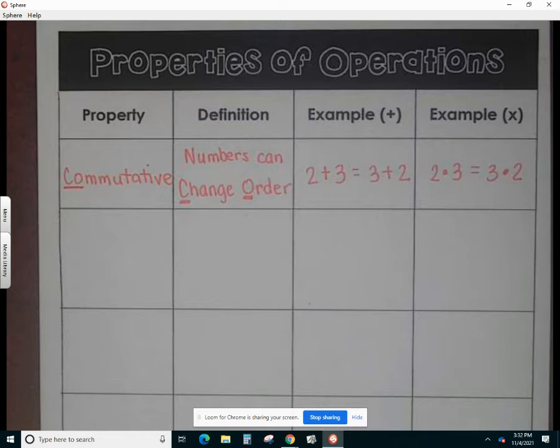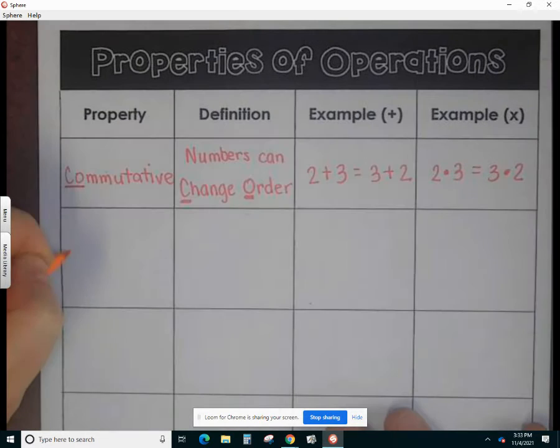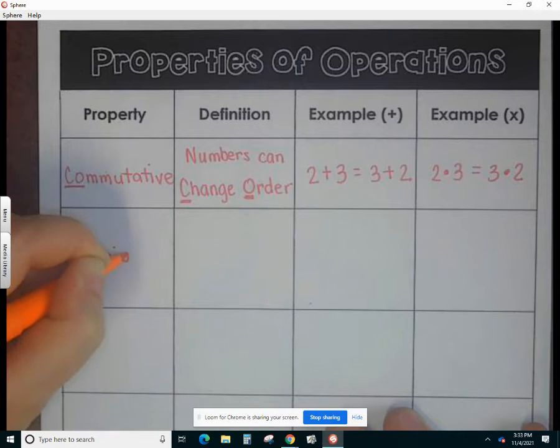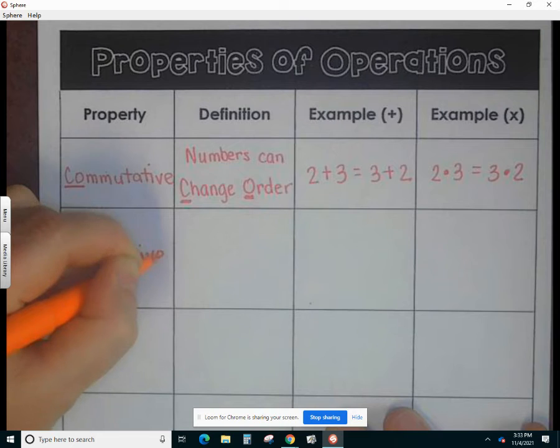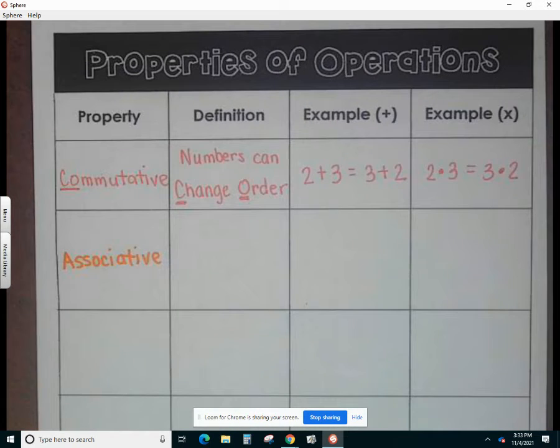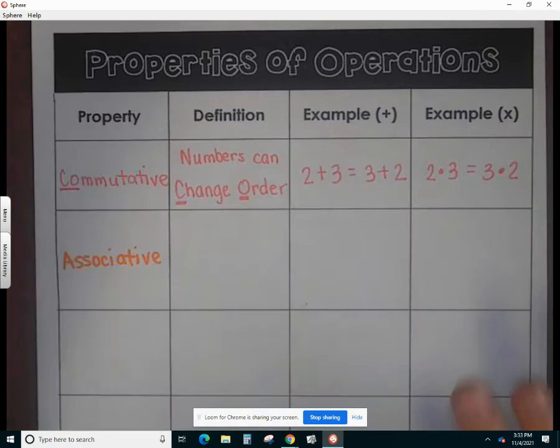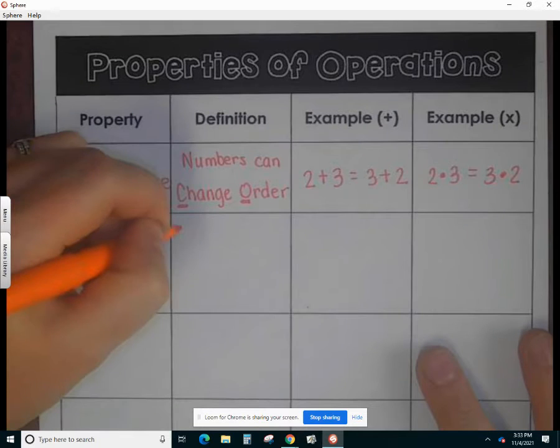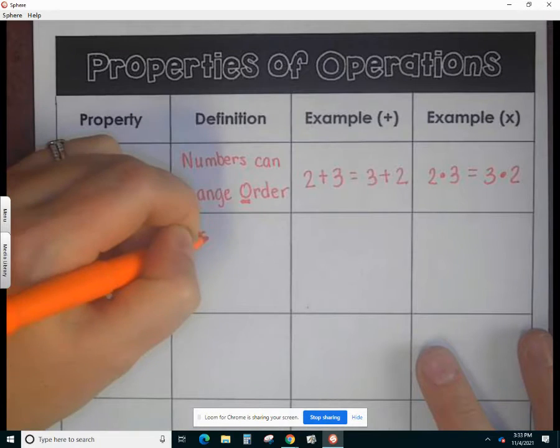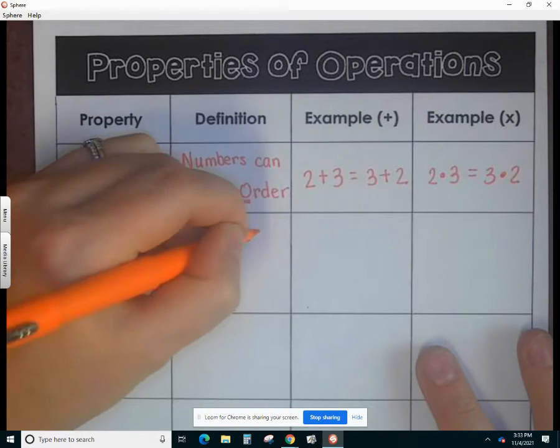Commutative property. Now, I'm going to just keep giving definitions, so you may need to pause the video if you're not done writing before I move on. But your next property is called the associative property. The associative property. One way that you can tell if you're talking about the associative property is if there are parentheses.